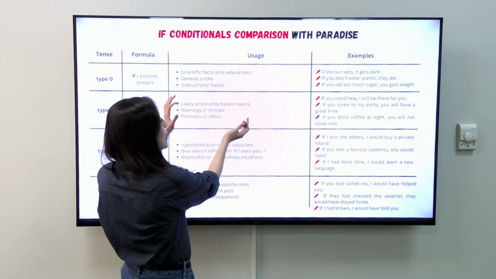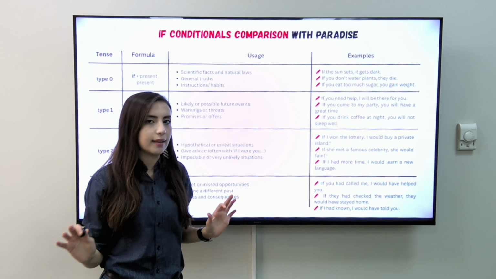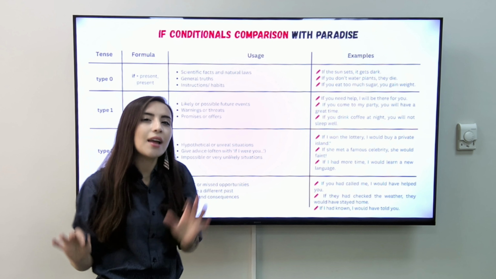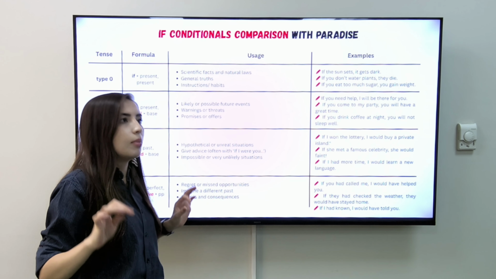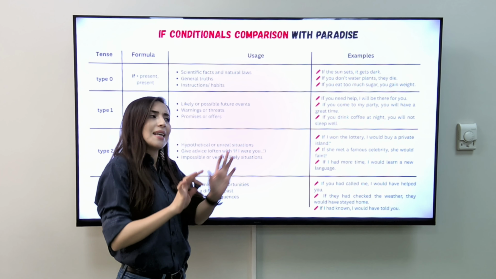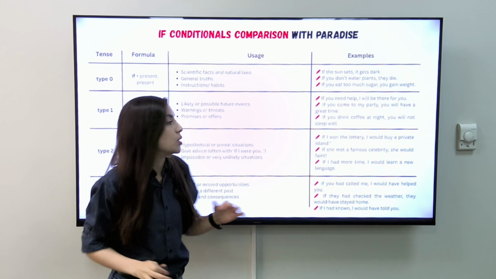But in the next layer, I'm talking about things that are possible to happen. But again, there are chances of failure. I'm not saying that it's certainly going to happen, I'm saying that it's possible.